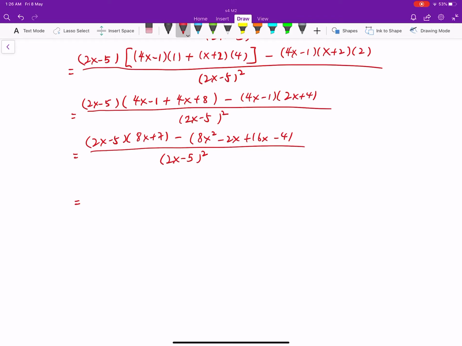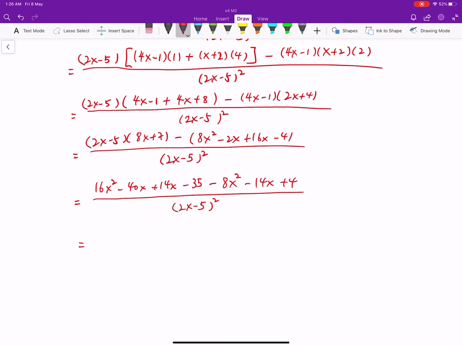So here we have 16x squared minus 14x plus 14x, plus 14, so minus 14x, so plus 4. And then 8x squared minus 40x minus 31.